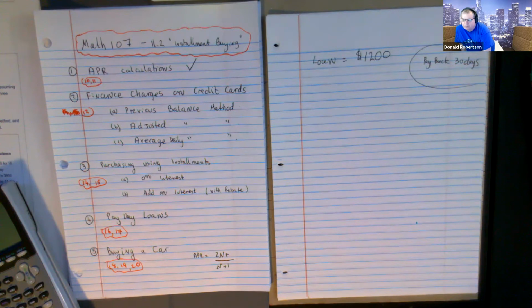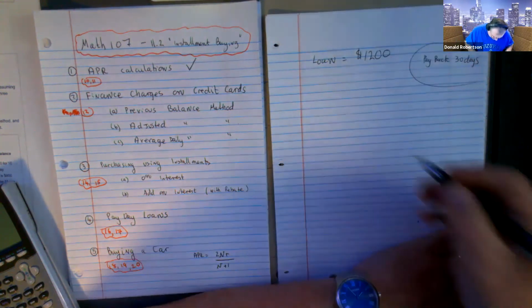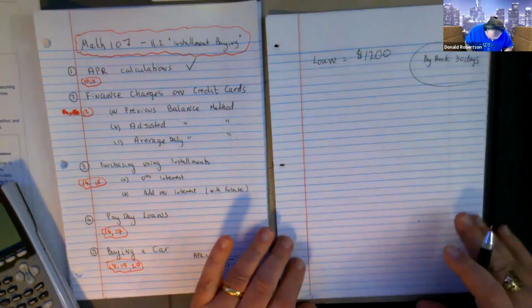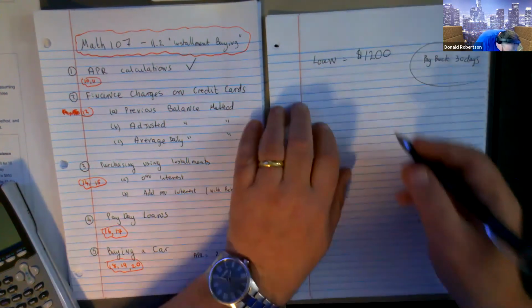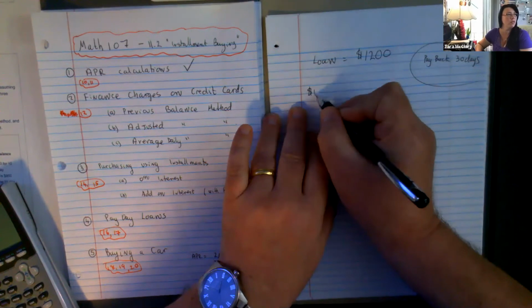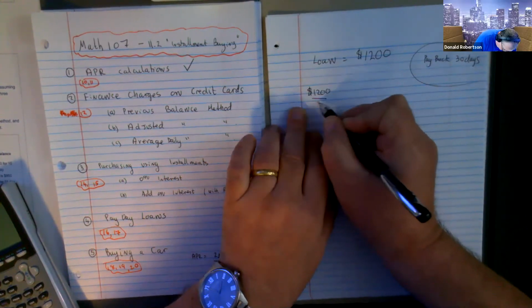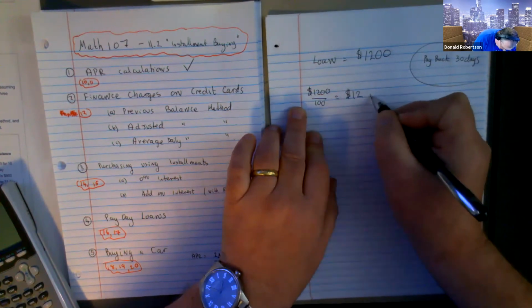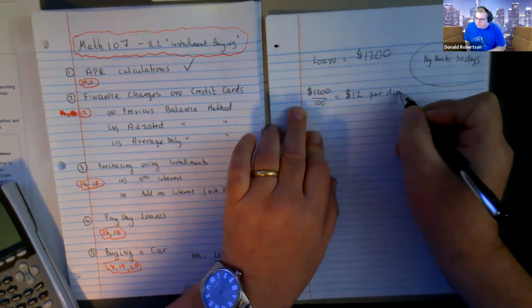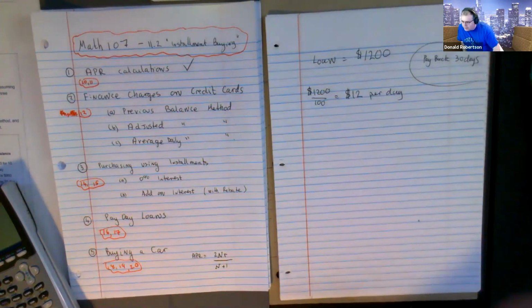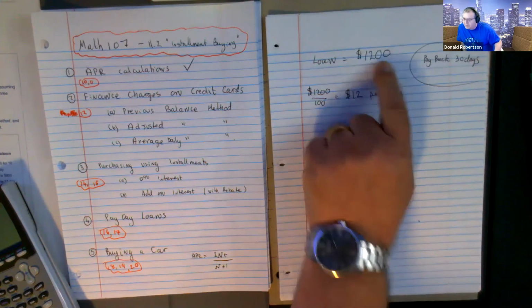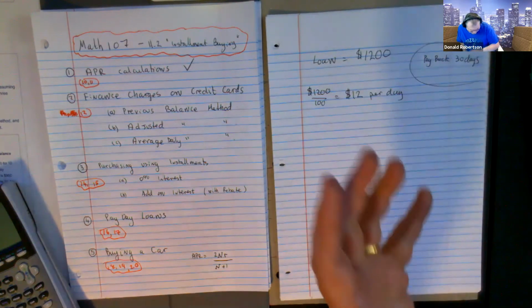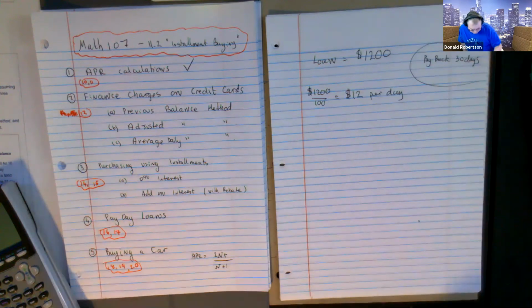Let's see what this poor soul is going to have to do. We'll keep the same rules about how much money it's going to cost. If you take that and divide it by 100, doesn't that mean you're going to pay $12 per day? Are you happy about how I got that? You take the number that you borrowed, divide it by 100, and for each one of them you pay $1. In this case there's 12 of them, so you're paying $12 per day.